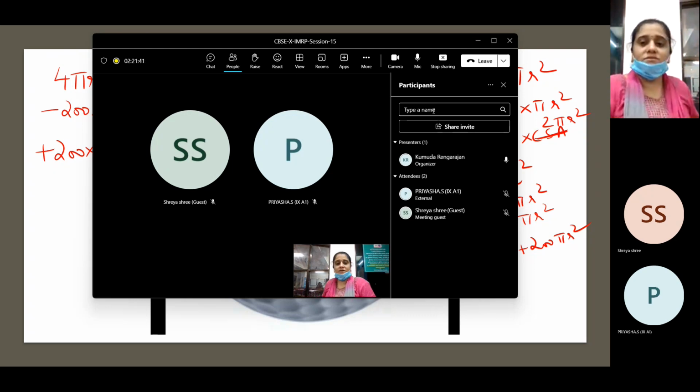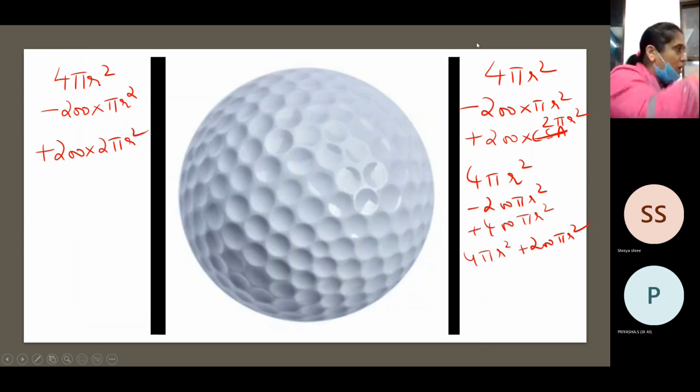No, 1 minute. If the ball was smooth, then what is the area? 4 pi r square. But it isn't smooth, right? There are 200 circles on the top, which do not have any material. Yes or no? But when you find 4 pi r square, you've calculated the area as if there is material all over.